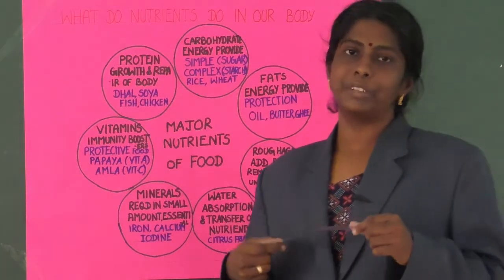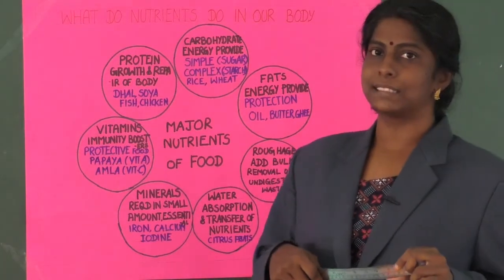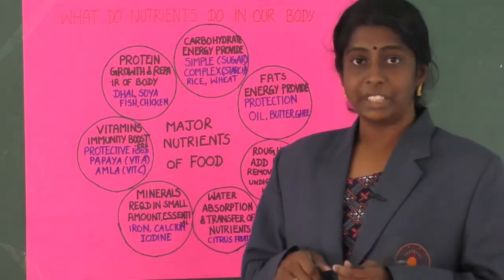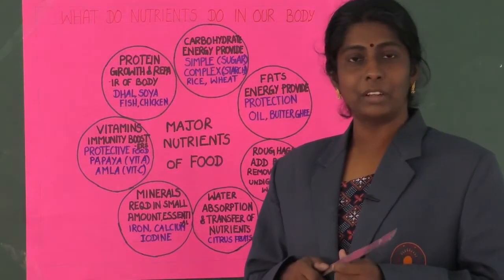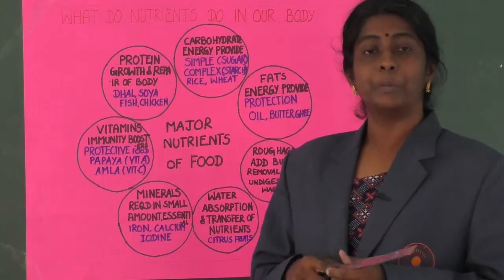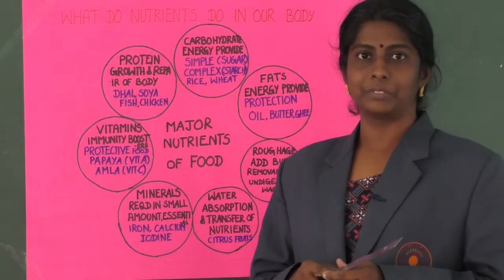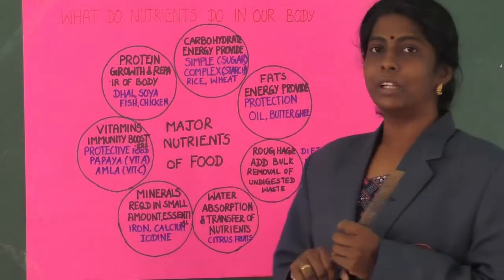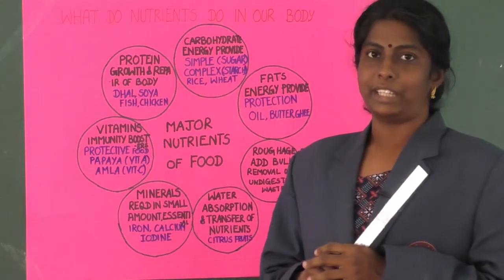So there are two different types, simple and complex, and it's present in rice, wheat, potato, bread, and all. Okay, so this is what I wanted to say about carbohydrates.